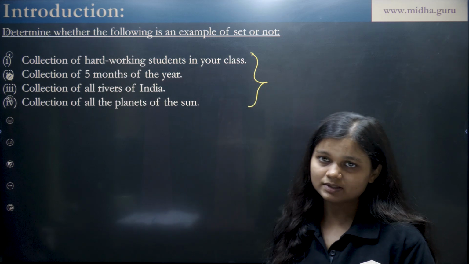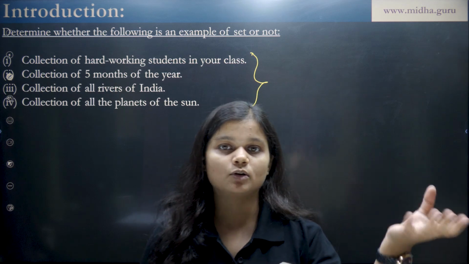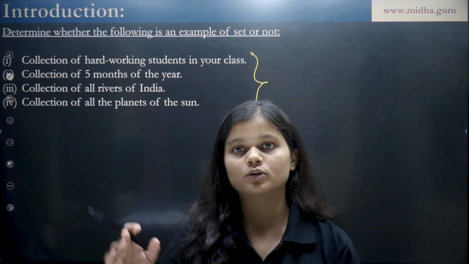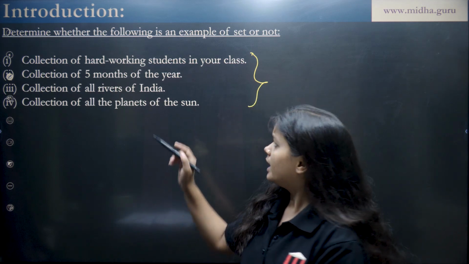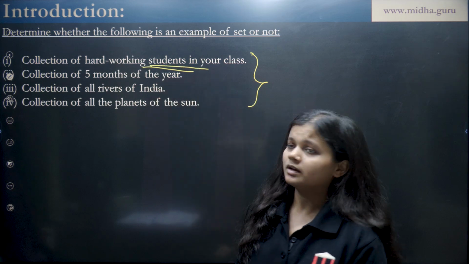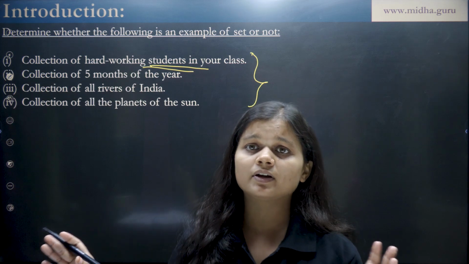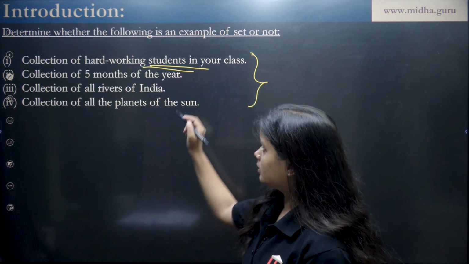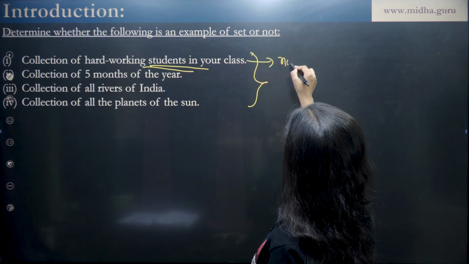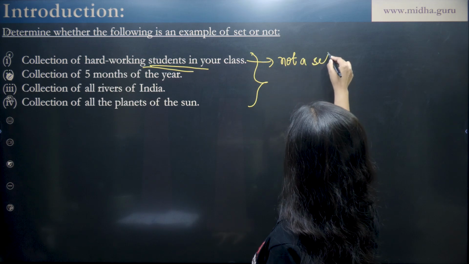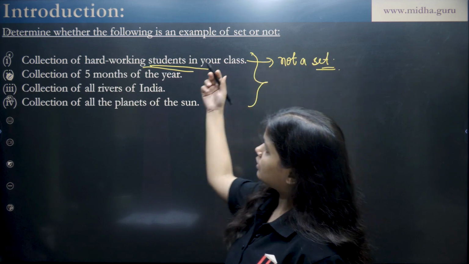On the basis of marks, can we say that this child is hard working or this student is not hard working? No, it is not well defined. The concept of hard working is different for different people. So it is not a set, because it is not well defined.